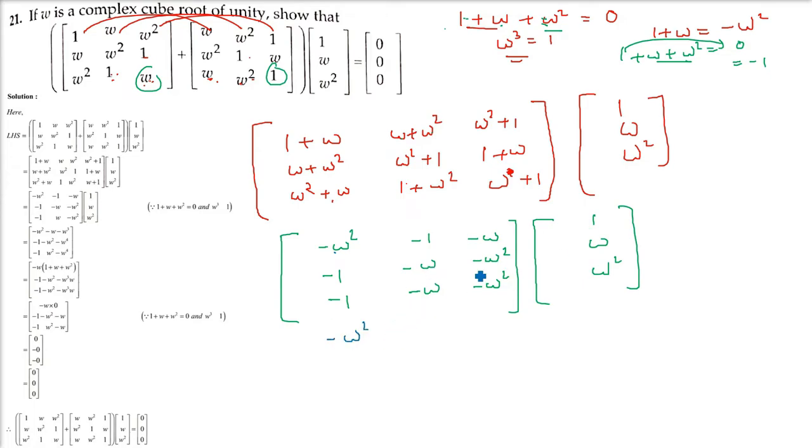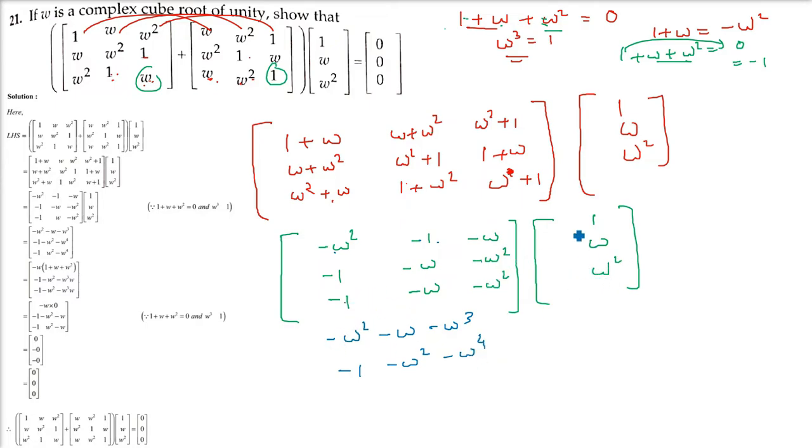I'm doing it directly. So minus omega square into 1 plus omega into minus 1 plus omega square into omega, that is omega cube. Coming to the second one: minus 1, minus 1, 1, 1, minus 1, minus omega and omega square, minus omega square and omega, this minus omega to the power 4. Right?